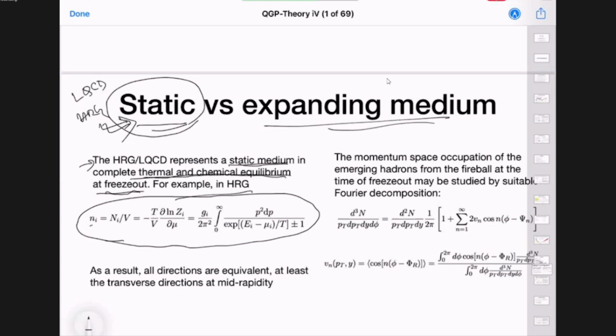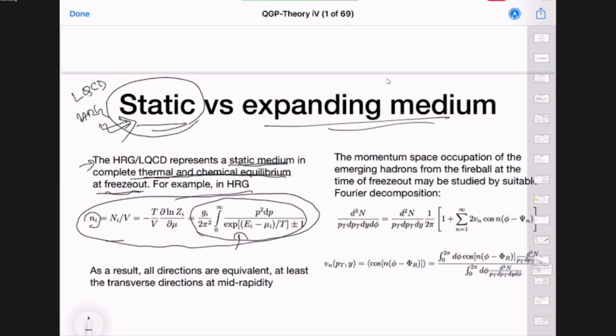The number density is like this. So what is this telling you? It's just a thermal gas which is static. There is no expansion or no flow or anything. It's just a hot and dense thermal gas, or a medium.